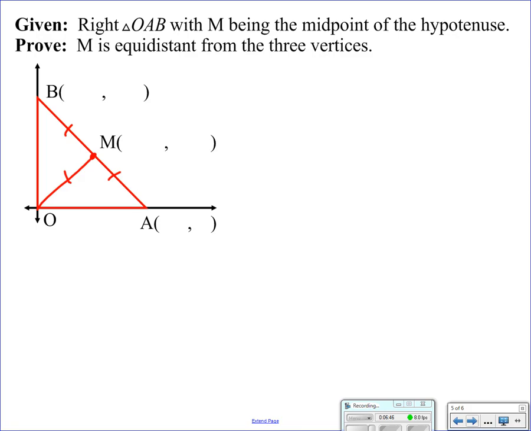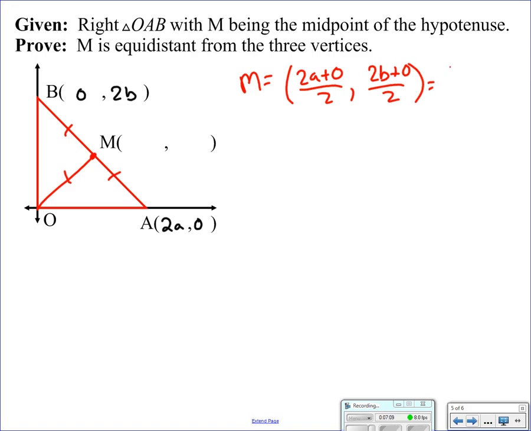Let's make point A 2A and 0, and B 0 and 2B. Because then when I find the coordinates of M, it is halfway in between them. So I have 2A plus 0 over 2 and 2B plus 0 over 2.